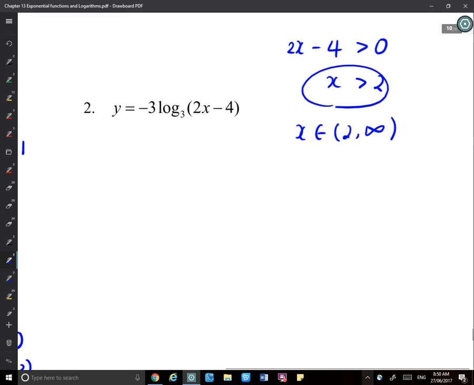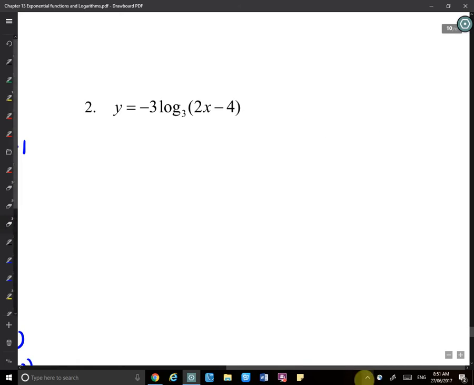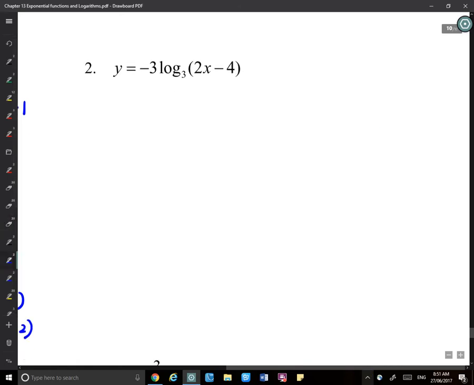Okay, next one. Next one I know the domain will be 2 to infinity. So let's have a look. First, I will solve for asymptotes. So the asymptote will be 2x minus 4 equals to 0.